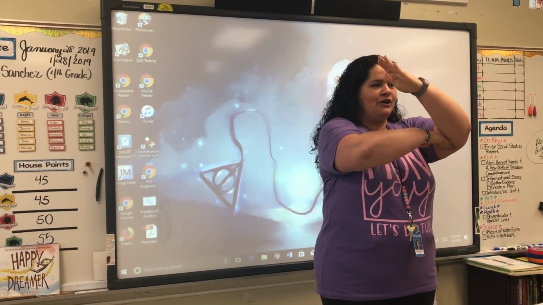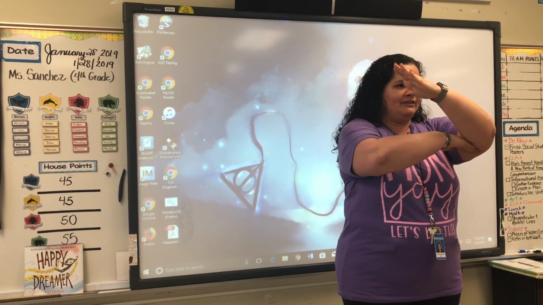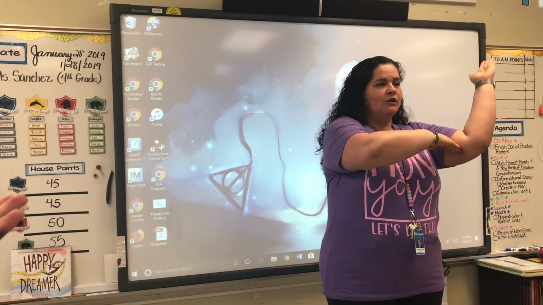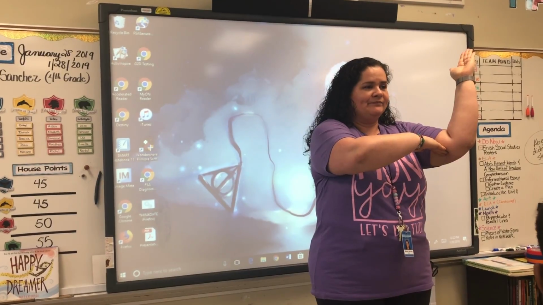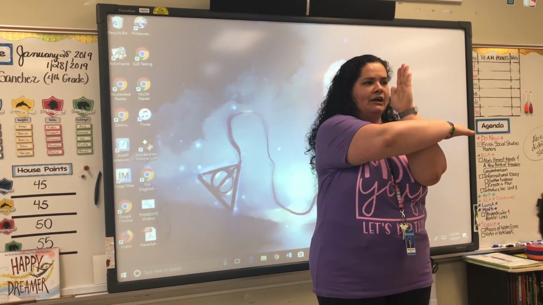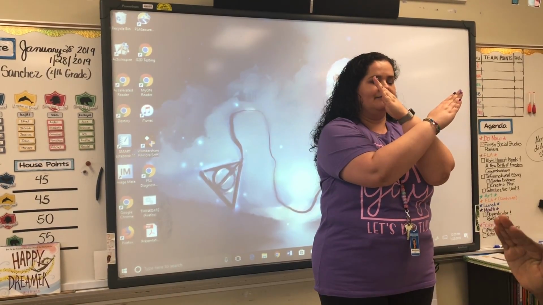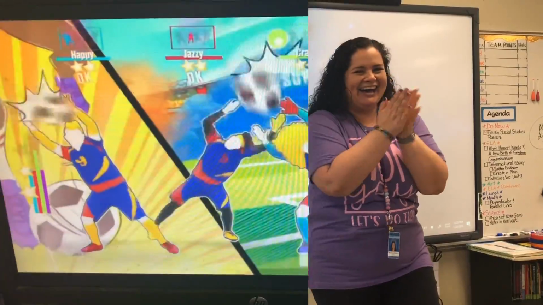Acute, less than 90 degrees, greater than 0 degrees. Obtuse, greater than 90 degrees, less than 180. Perpendicular. Parallel. Intersecting. Mirrors off. Okay. Good job!